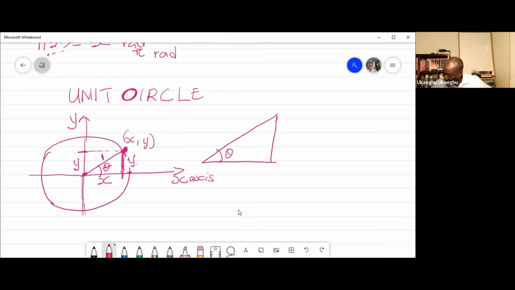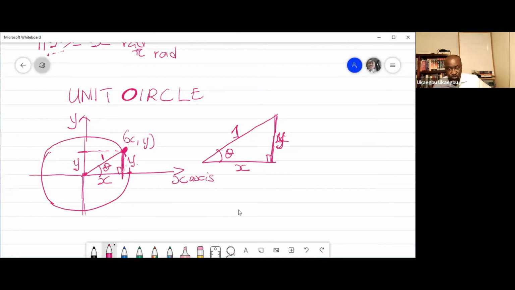This is your theta, this is your y, and then this is your x, and this is your 1. And of course, 90 degrees is created here. So you have a right triangle.